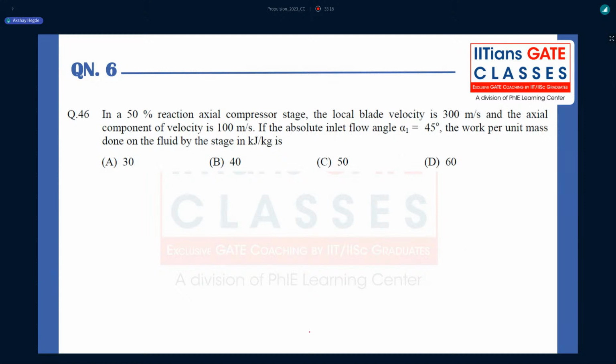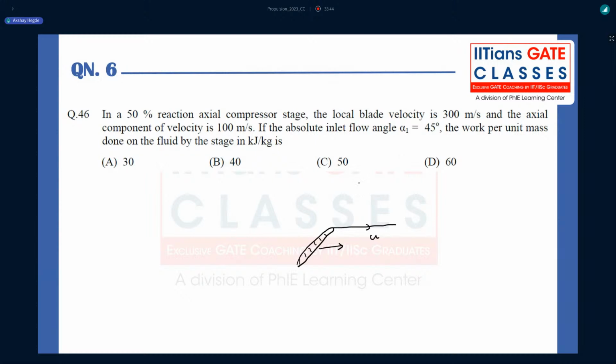So again, let us try to draw the stage diagram. So I have a rotor, which is rotating in this direction, say. That makes its velocity as U. Okay.